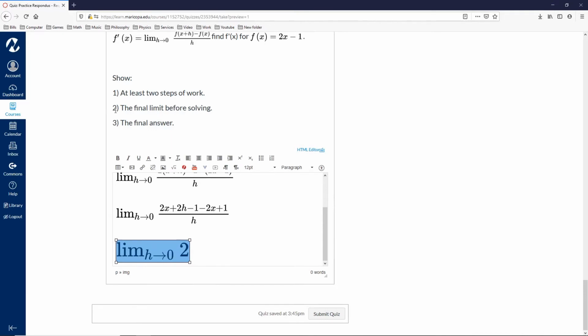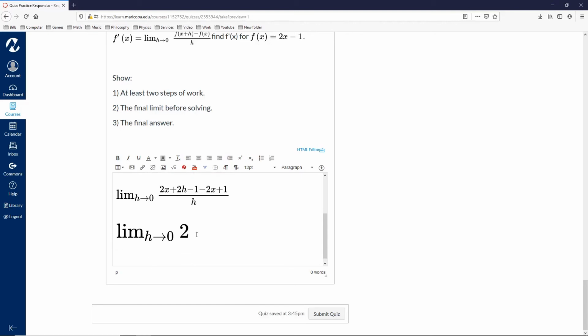So that's what I mean by this statement 2 here. Show the final limit before solving. There it is. Because now we're going to solve it. And the limit of a constant is always that constant. And there's our final answer for 3.